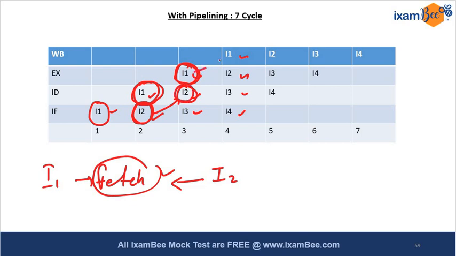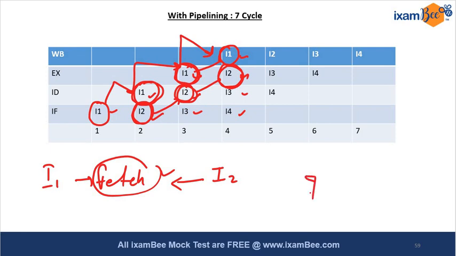Then I1 moves from execute to write back, and I2 moves to execute. So you can see I1 is executing in different cycles, and I2 will not wait for I1 to complete the write back before starting with the fetch cycle. It will start with the immediate cycle which is available.